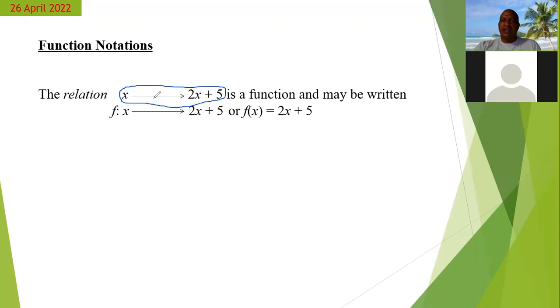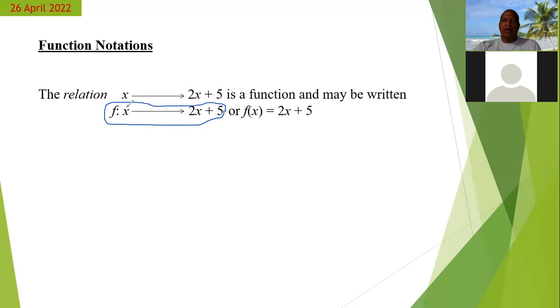But if you want to show that this relation is a function, then we have to write it like this. Now, when it is written like this, we put a colon between f and x. So the f here denotes function, and the colon would mean such that. So we can say f is a function such that x maps onto 2x plus 5, right?